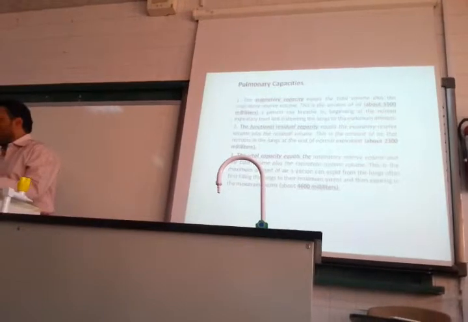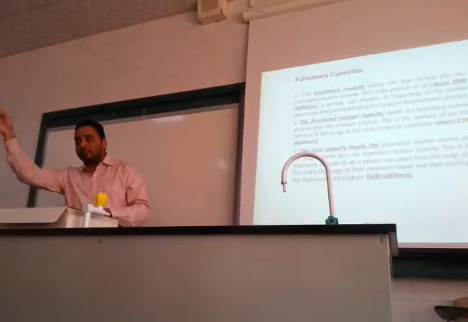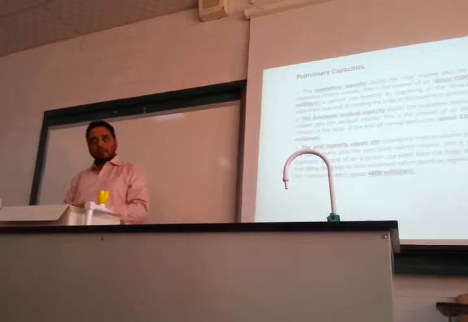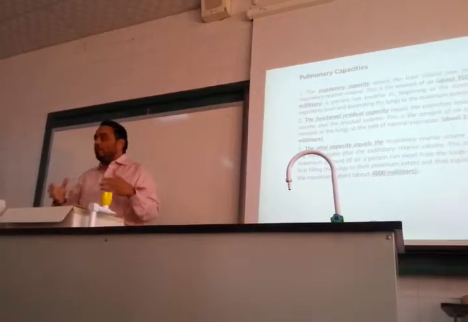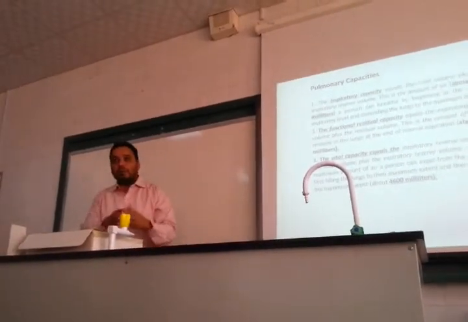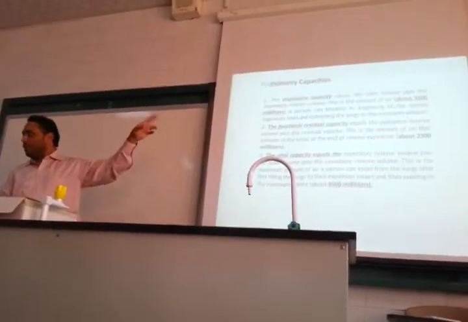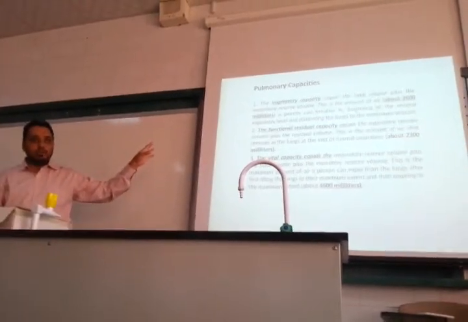Inspiratory capacity is normal tidal volume plus inspiratory reserve volume. So it will be 3000 plus 500, which will be 3500. It is written there. Simple. Understood?